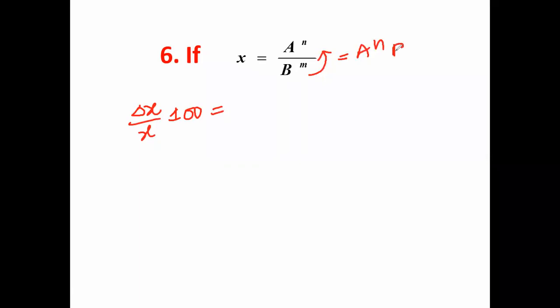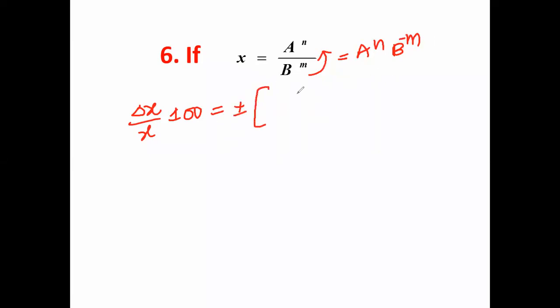See, errors. For example, they'll give this x is equal to a power n, b power m. Percentage of error, if you want to calculate, delta x divided by x into 100 is equal to this; we have to bring to the numerator, a power n b power m. Minus m will be there, but we'll take plus or minus.